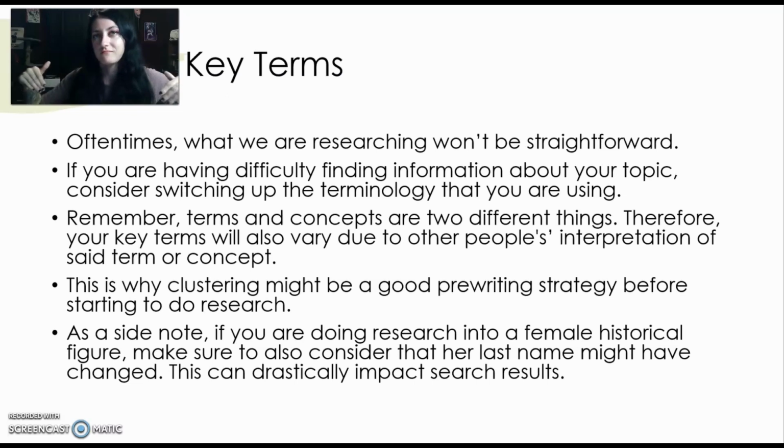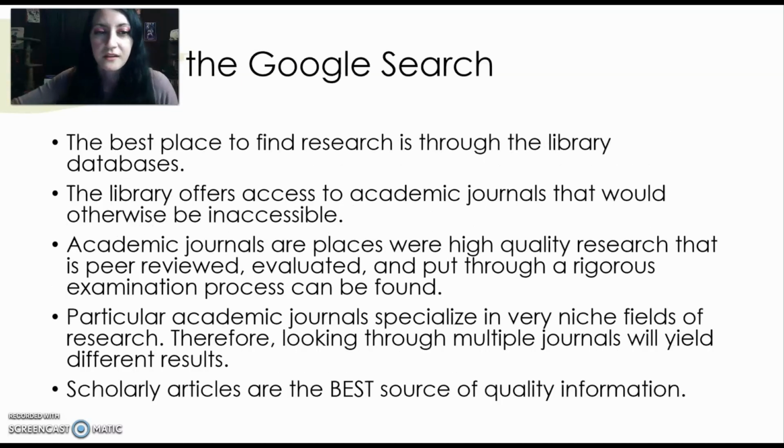And it might limit your research. So the first thing you should try to do is see how many names she went by and type those in and see what you got. So it may not pertain to you, but it's a good thing to always keep in the back of your head for any future research you do.